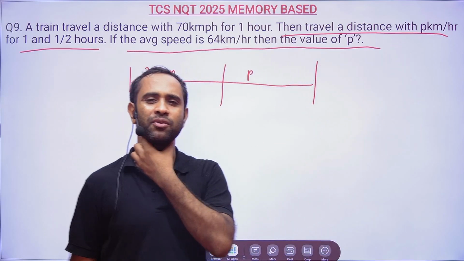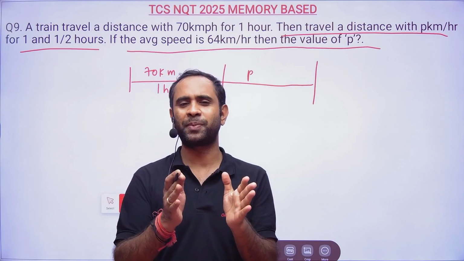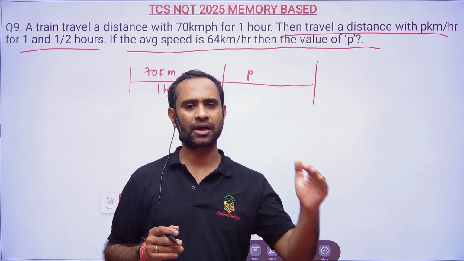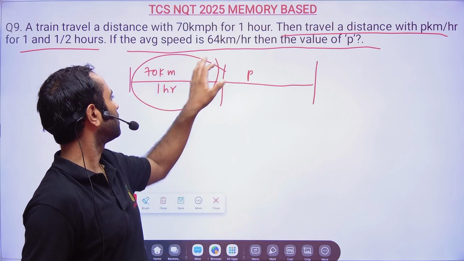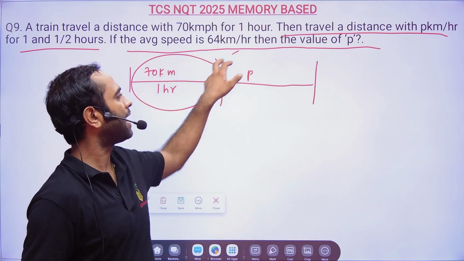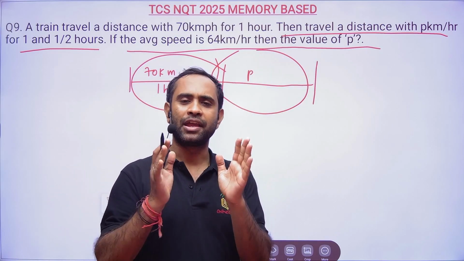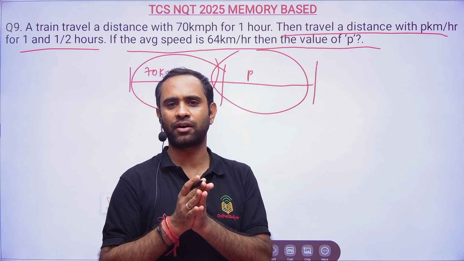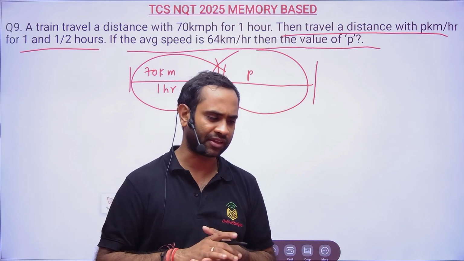Then friends, what you do for this problem, your average speed will be equal to what? Total distance by total time. So here you will be able to get the total time and distance, and here also you will be able to get the total distance and total time. Equate it to average speed, and then you solve it and let me know the answer in the comment section.